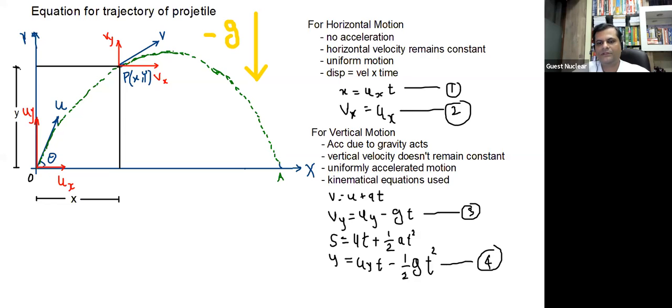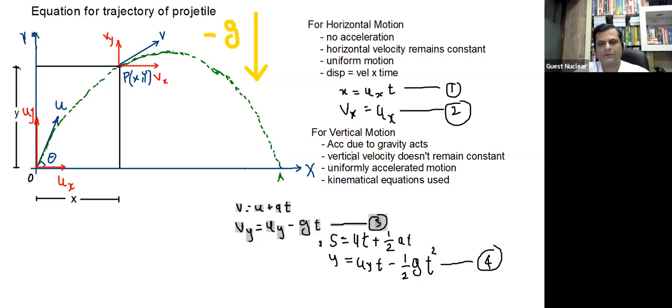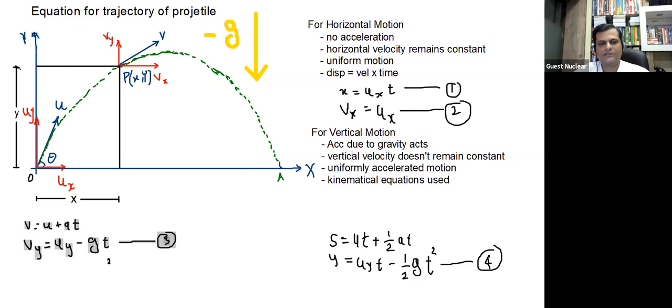Okay, yes, now let us try to apply the third kinematic equation in vertical motion. Okay, if you apply the third kinematic equation in vertical motion, then what we will get here is, well, before that we will do this: lift this first equation a little and keep it on this side, will that work?